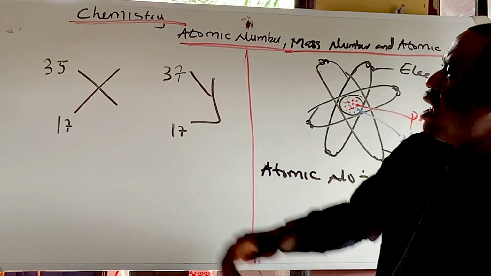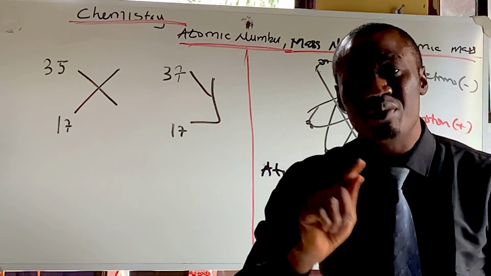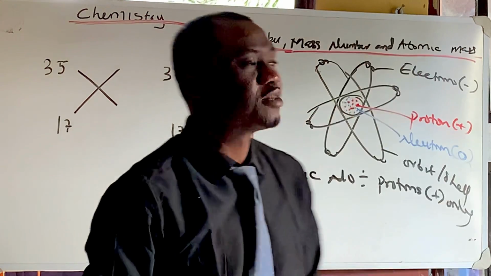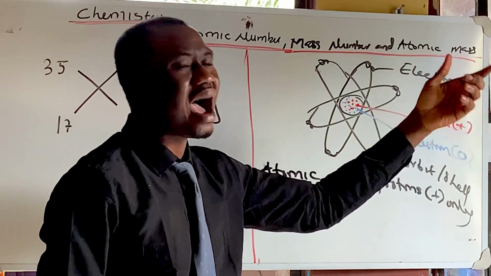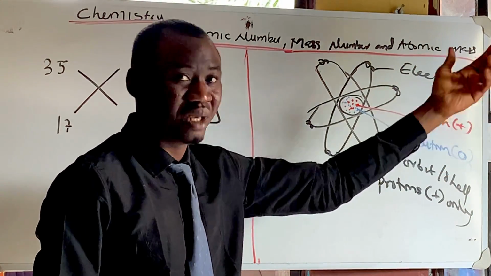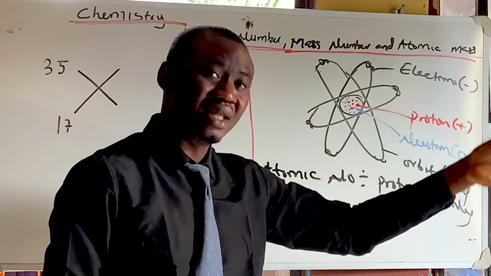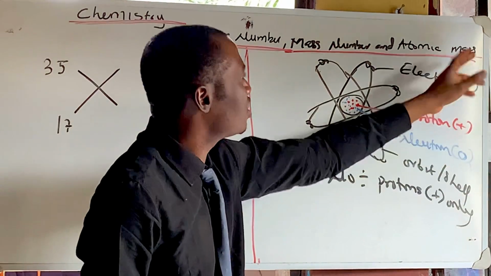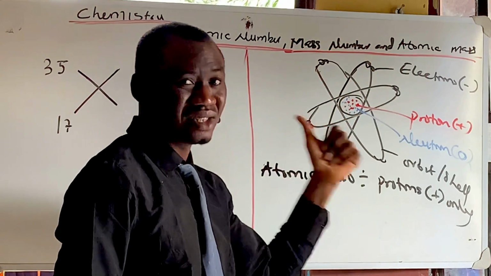Now, if you notice, I call this mass number. I didn't call it atomic mass or atomic weight. In some textbooks, it's called atomic mass, atomic weight, relative atomic mass, or average atomic mass. But atomic mass, relative atomic mass, or average atomic mass is not the same thing as mass number.